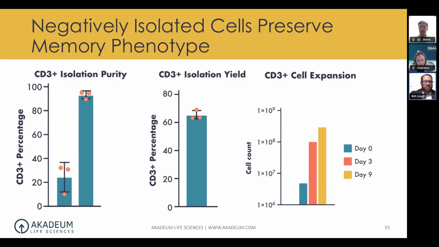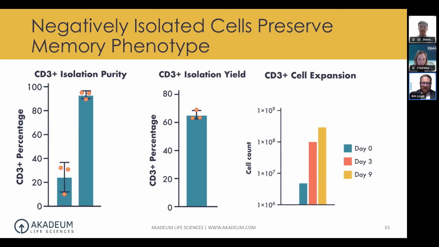First, looking at isolation purity on the left-hand side, seeing what we saw in the previous data sets, right? That gave us a lot of confidence. Seeing in the middle that our yield is preserved, right? Getting above 60%, in that 70% or more range, very on par with what we've seen in our partners' workflows, that is superior to the magnetic isolations.